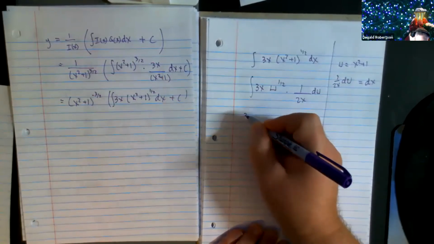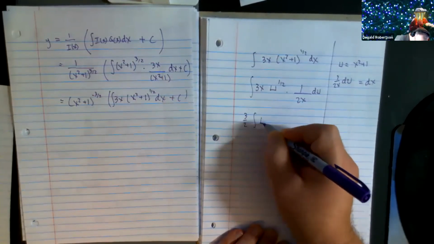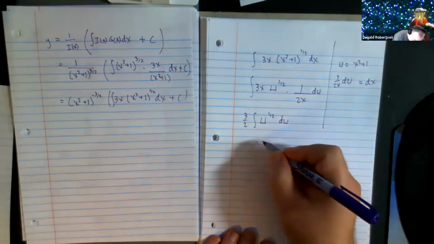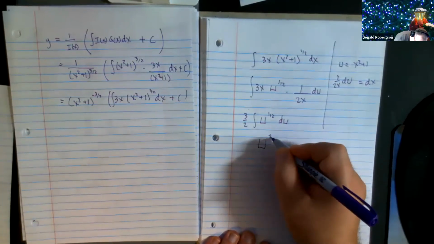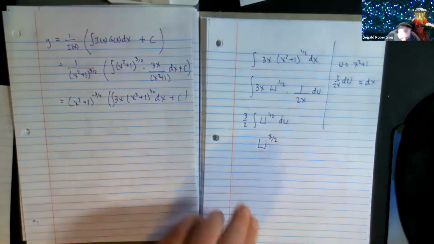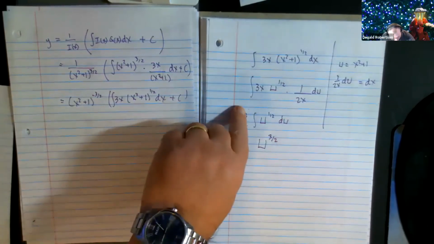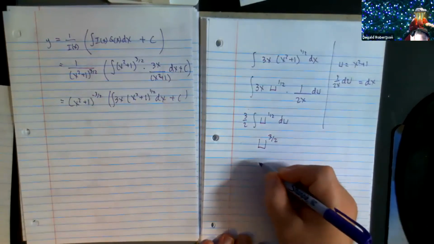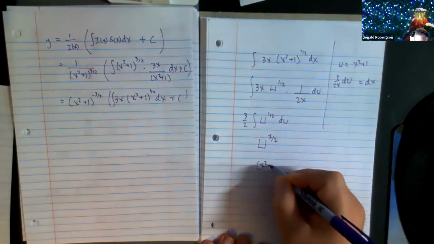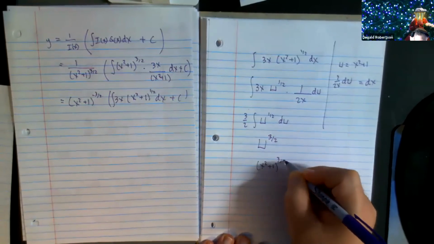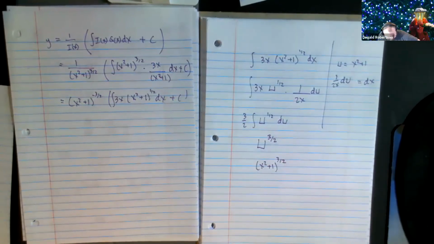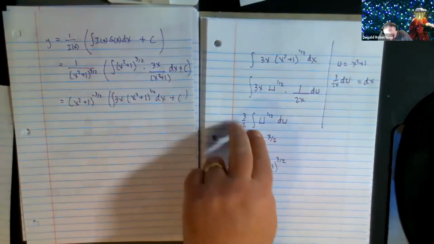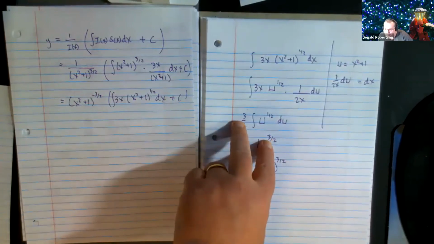The x's cancel. I'll bring out the 3/2, and we get this guy. We add 1 to the power, and then we divide by the new power, which perfectly cancels this guy out, which is nice. And that becomes x squared plus 1 to the 3/2. See, this gets cancelled by the 3/2. Are you okay with this becoming 1?